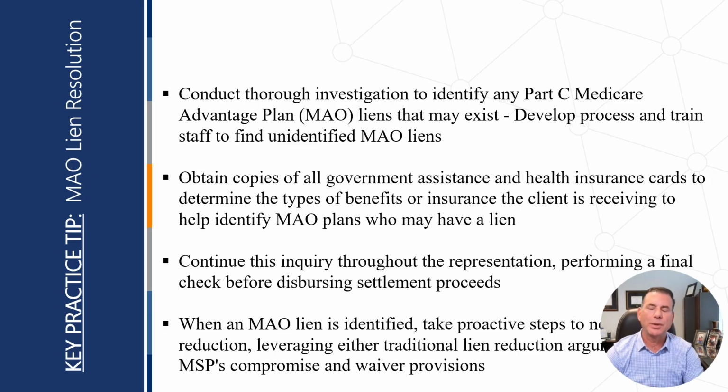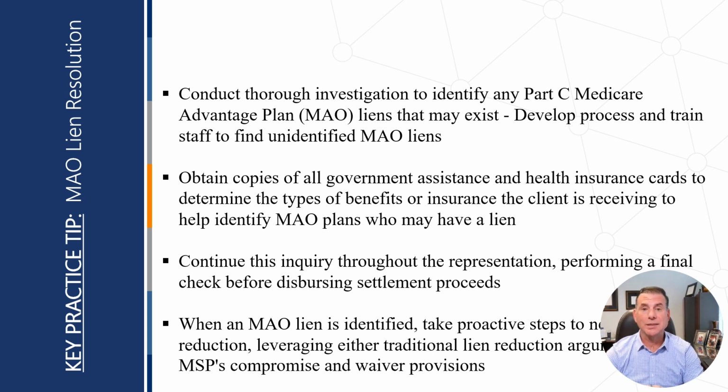But a practice tip here is that you and your team have to conduct a very thorough identification to see if there's any Part C Medicare Advantage plan liens that exist, and you have to have a process to train your staff to find those MAO liens.